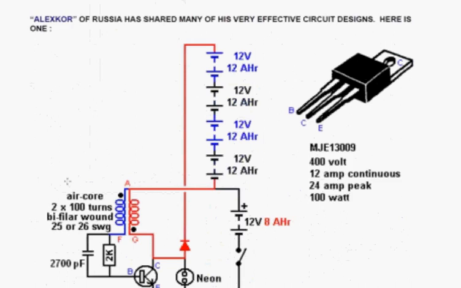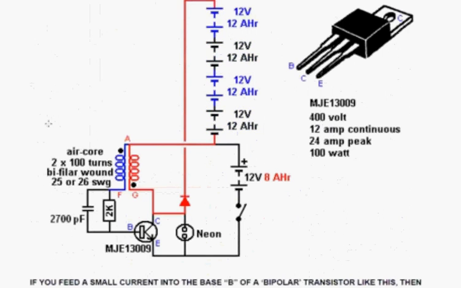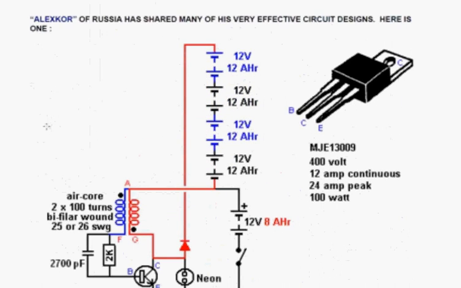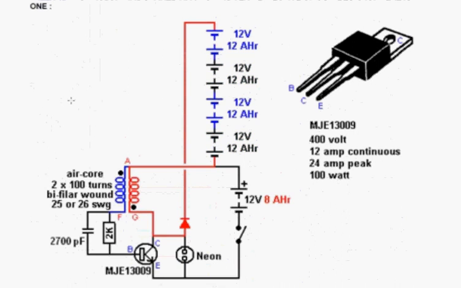Let's go for something that is extremely cheap and very, very simple. It's from a guy in Russia whose name he uses on the web as Alex Core. He's shared quite a number of different designs. This particular one charges 4 batteries. It's driven by one battery.